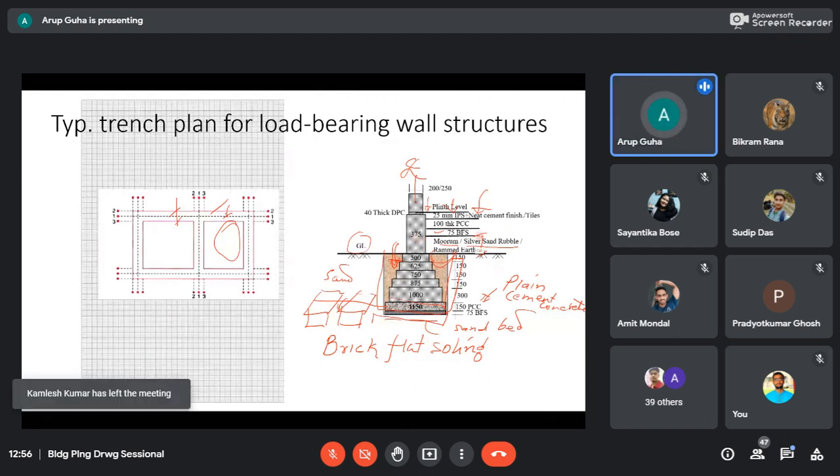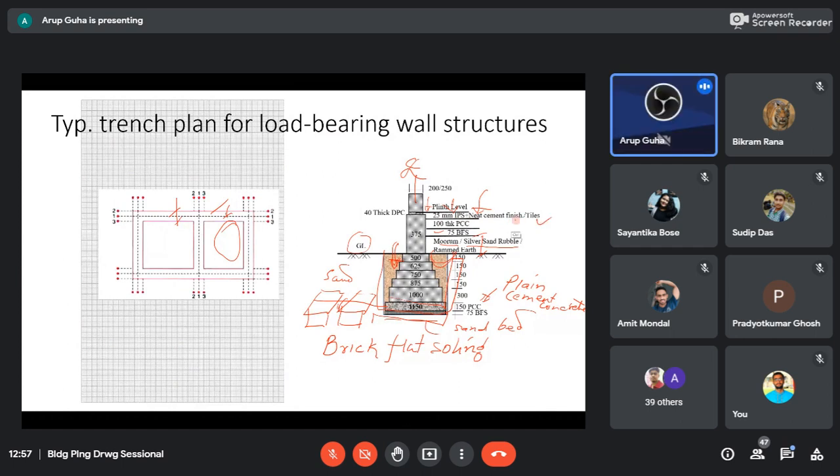Above that, PCC, plain cement concrete, is laid 4 inches, and then you lay your floor. Conventionally that floor was Indian patent stone, IPS, 1 inch of that, and then a neat finish. Now you have tiles, granite or marbles, all those things being laid, and that is your plinth level.